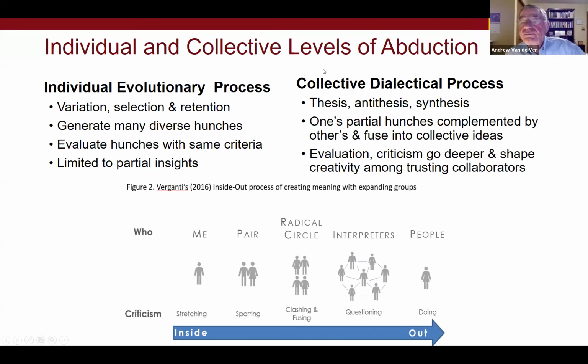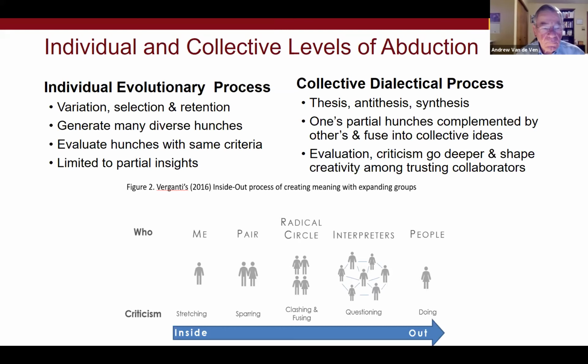Go ahead, Alf. One thing that's worth noticing is that the process changes fundamentally as you move from individual level to the collective level. It goes from being an evolutionary process to becoming a dialectical process. Yeah. So those are fundamentally different.